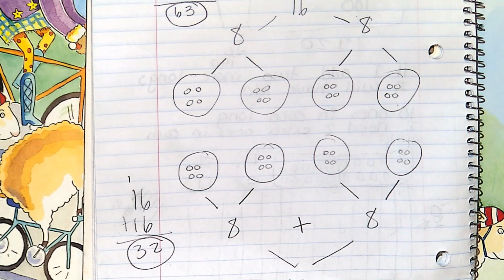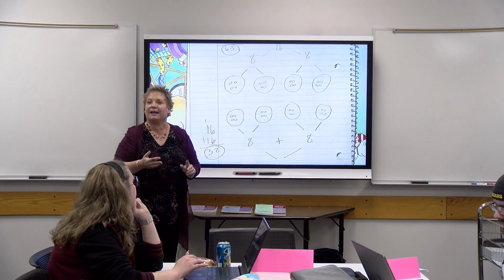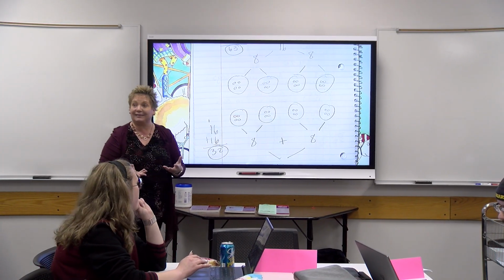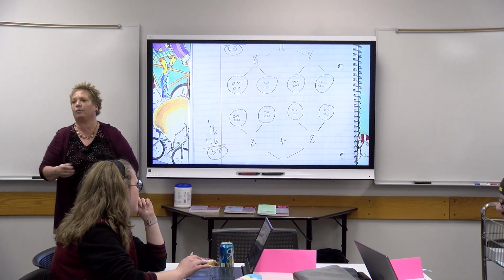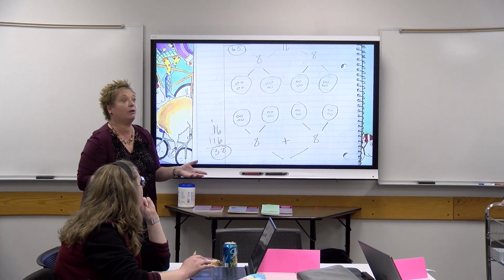So if they're taking testing and they say 8 groups of 4, they say, I know that each sheep has the same amount of legs, so I'm going to draw a circle for each sheep, and then I'm going to put 4 circles, and then I'm going to group them. They won't be able to use counters, right? But they still could count each one, correct? Because they're able to represent what 8 times 4 looks like, okay? And they can figure it out.